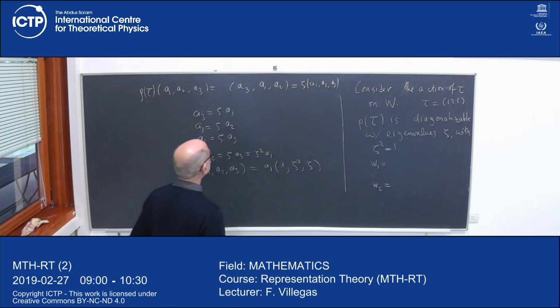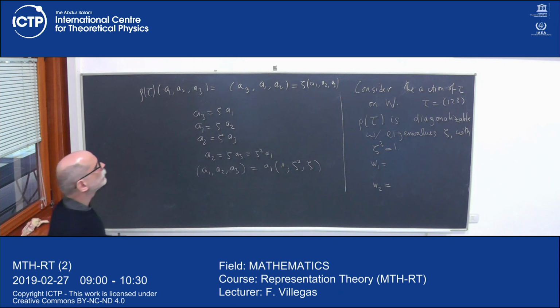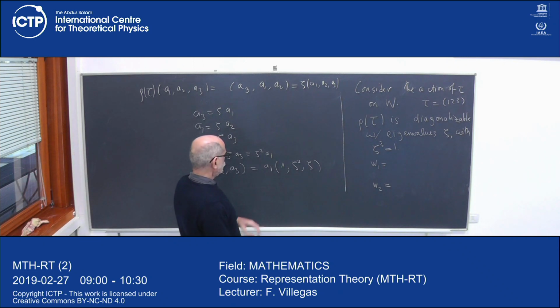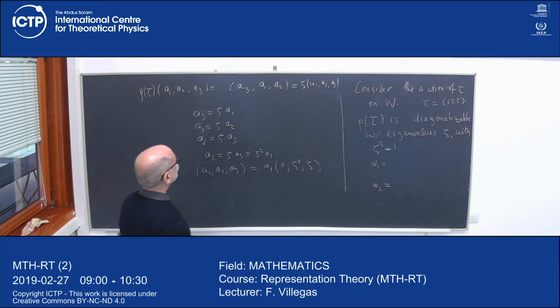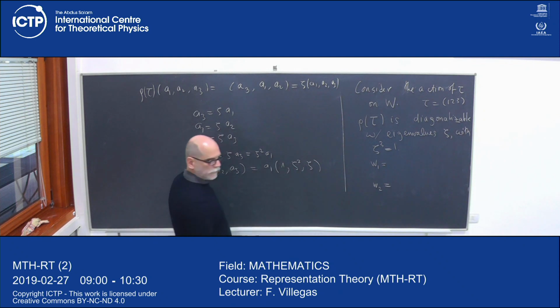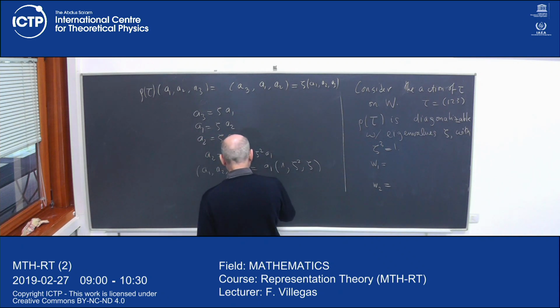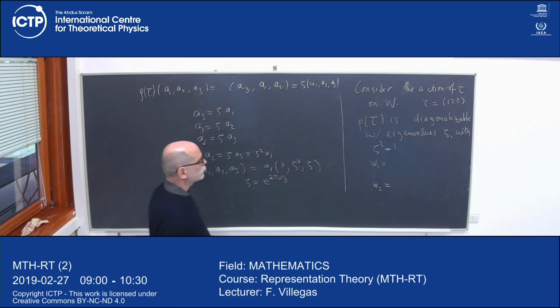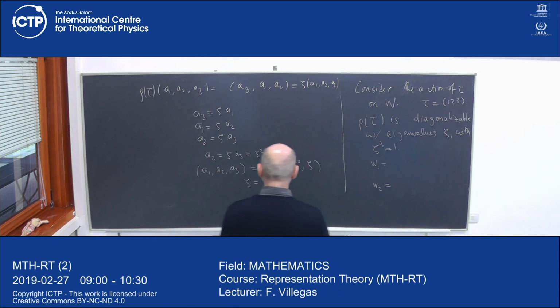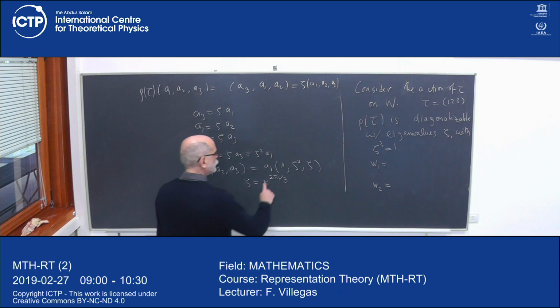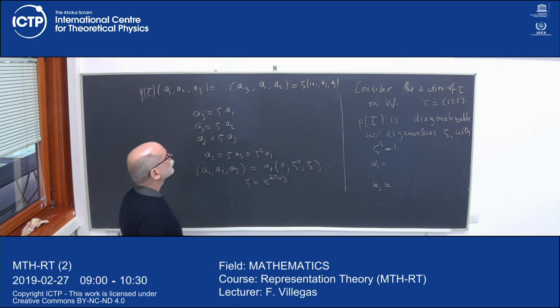Right? So if zeta is equal to 1, then this is the vector 1, 1, 1. I mean, we're looking for an eigenvector, so we in fact can ignore A1. If A1 is 0, then it's the 0 vector, which is no good. So zeta equal to 1 just gives rise to the vector 1, 1, 1, which is not in the space W. But if zeta is equal to, say, e to the 2 pi i over 3, which is one of the other possible cubic roots of unity, then this actually gives us an eigenvector with this eigenvalue.